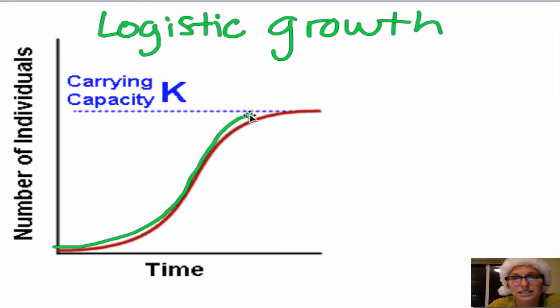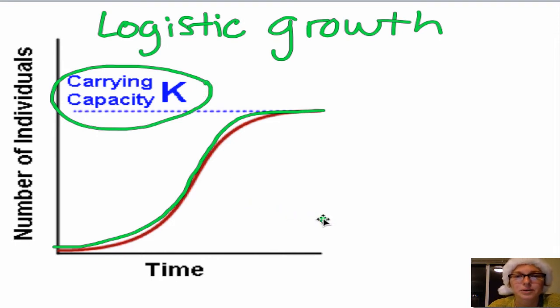But then it begins to flatten and cap out on this magical dotted line known as the carrying capacity. And the carrying capacity, you'll want to write this down, is the maximum number of individuals that a population can sustain given a certain environment.